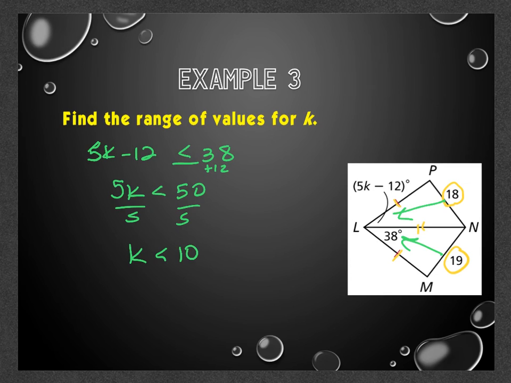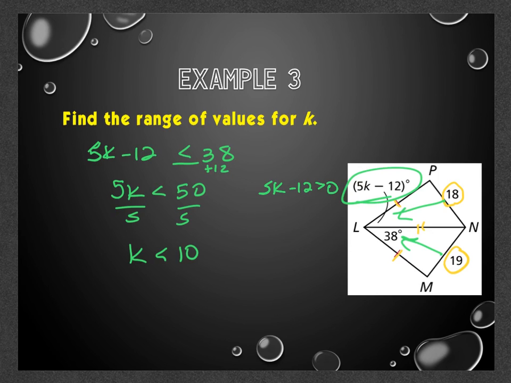Sometimes you'll see an inequality with both sides. What's the smallest this angle could be? The 5K minus 12. What's the smallest it could be? It could be like 0.1, right? So that's the other end of your range. 5K minus 12 must also be greater than 0.